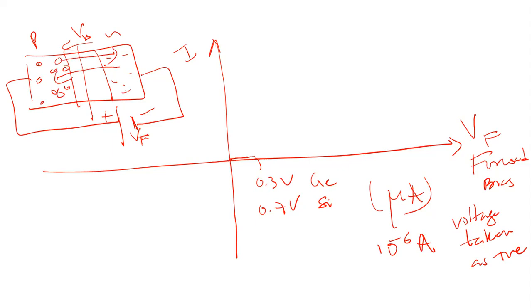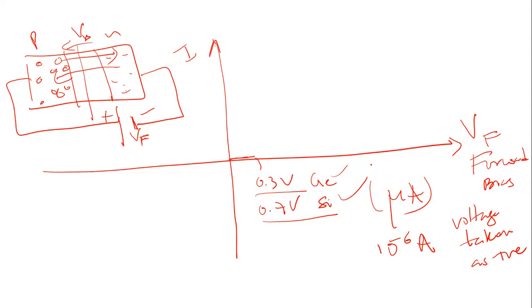This transfer of majority charge carriers, that is electrons from the n side to the p side, holes from the p side to the n side, does not happen below 0.3 volt if you make your p-n junction with germanium crystal, below 0.7 volt if you make your p-n junction with silicon crystal semiconductors. The current due to this transfer does not occur.